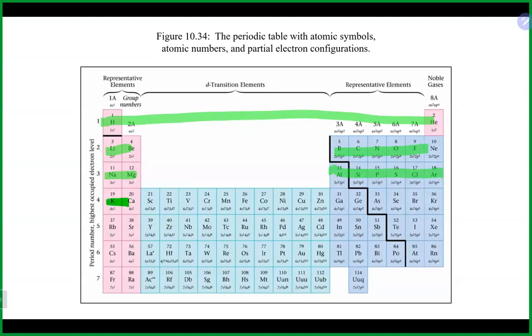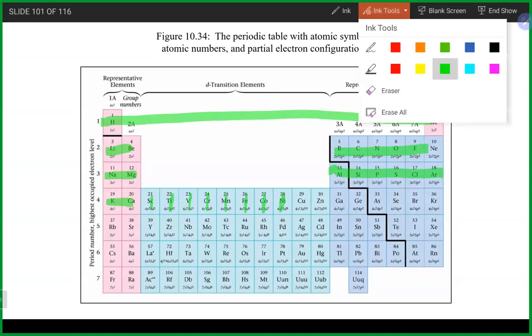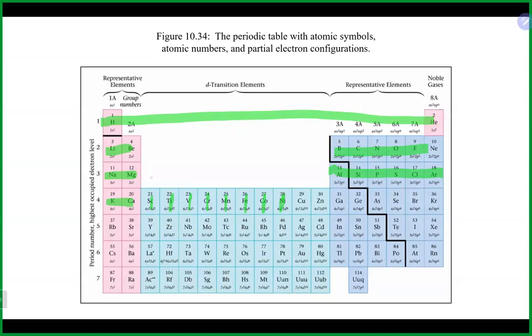This would be 4s2, and this would be 3d: 1, 2, 3, 4, 5, 6, 7, and 8. And that is because the d orbitals start on the third energy level. So that's actually 3d there. That's 4d, that's 5d, and 6d. The d's are one behind the period number. So you've got to make sure you account for that.